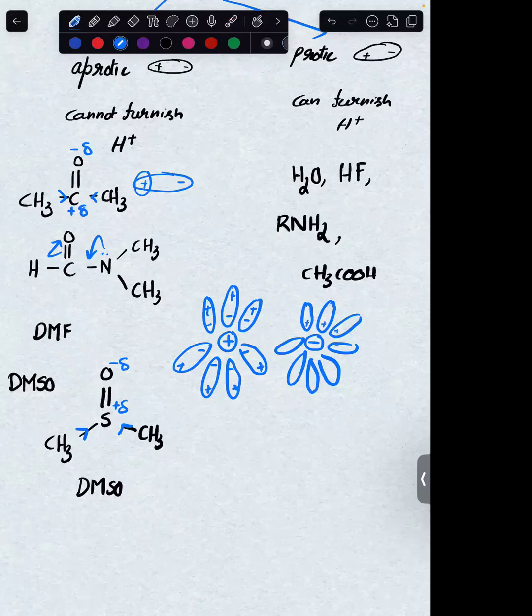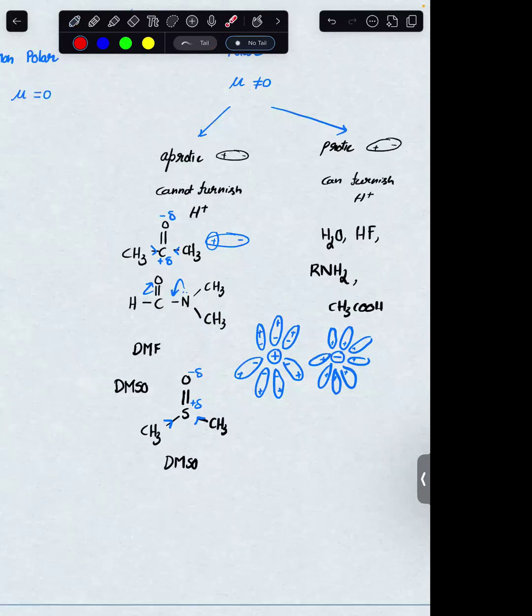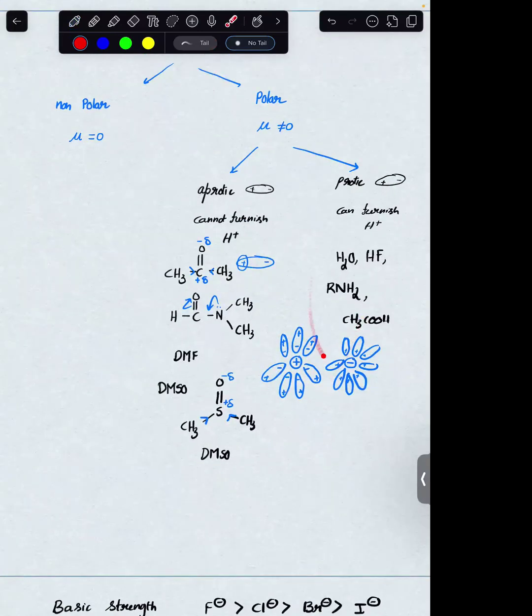If you have a polar protic solvent, it effectively solvates the anion as well as the cation. But polar aprotic solvents significantly solvate only the cation part. The anions are not significantly solvated because of the weaker positive end inside the dipole. Everyone with me?